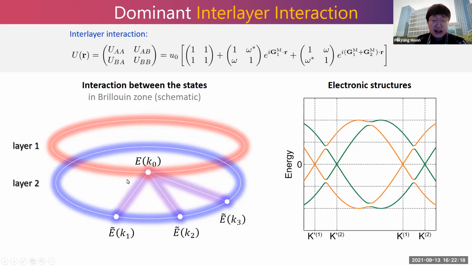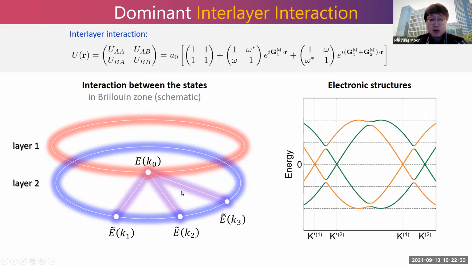At most wave vectors, however, these three states have quite different energy from the layer 1 states, so they do not couple very effectively. This is the reason why at most wave vectors, the band structure of twisted bilayer graphene merely looks like the band structure of decoupled bilayer graphene.